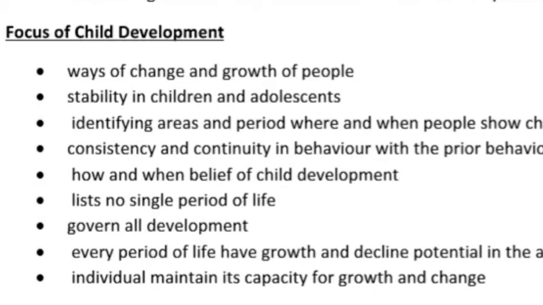Those areas and periods are identified by the field of child development, means people change in which period, in which area. And it also tries to find out consistency and continuity in behavior with the prior behavior. It also focuses on the how and when of a child and its whole life.